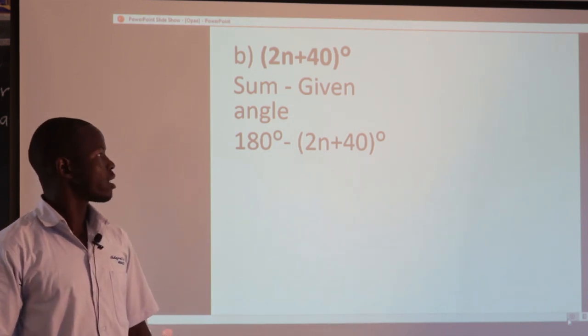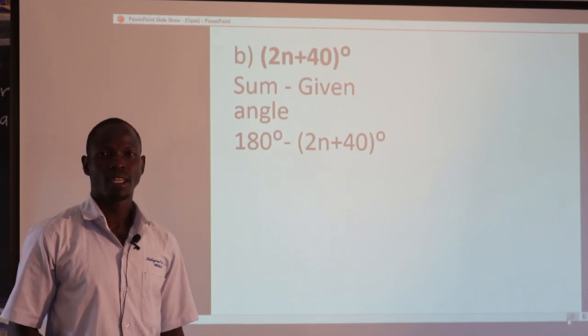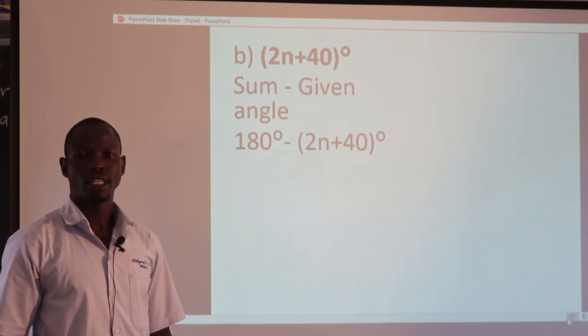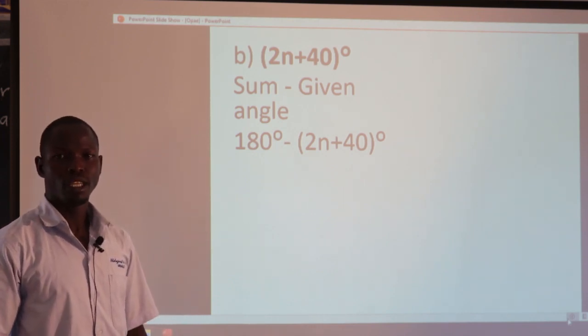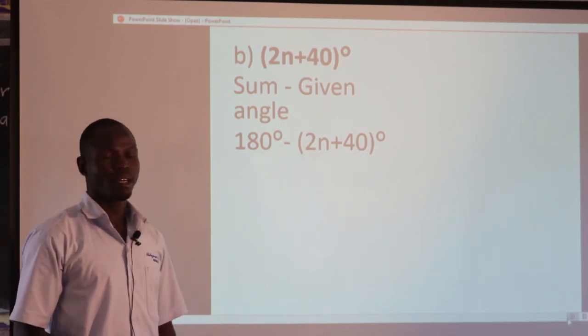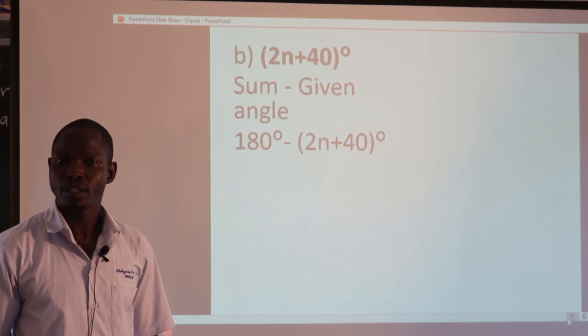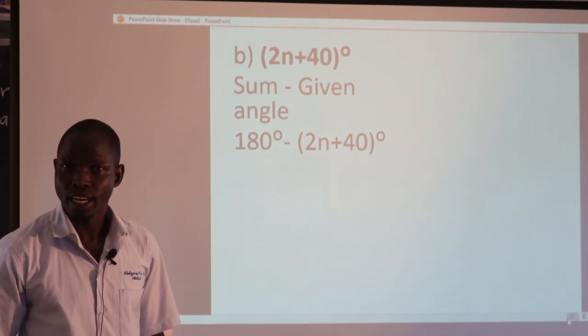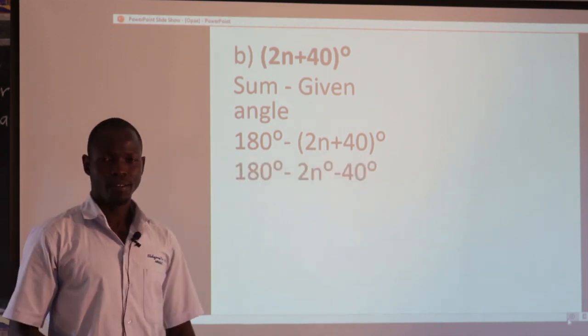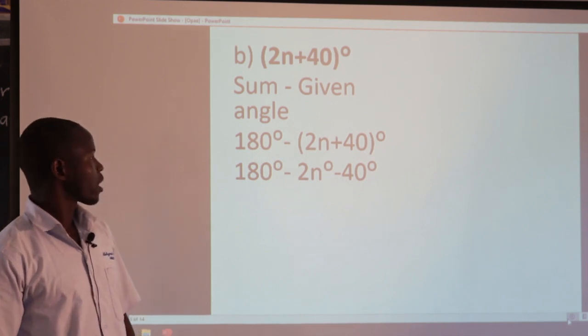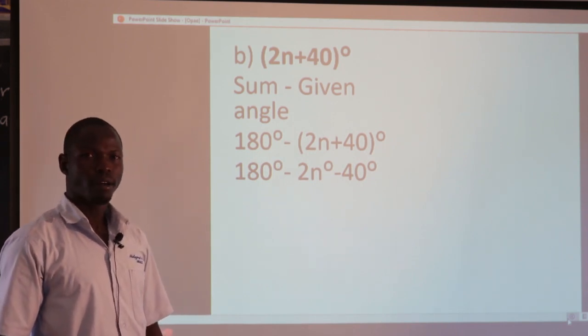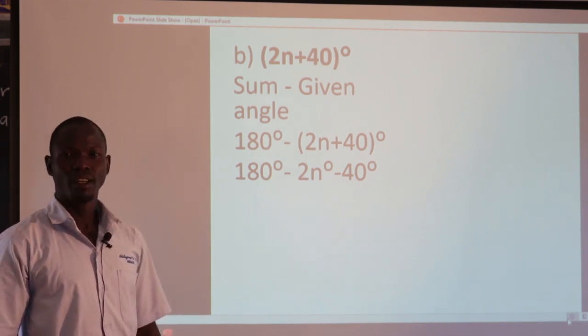Also, 40 degrees inside there has a positive. That positive and this negative outside the bracket, we shall also multiply. A negative times a positive must give us what? A negative. Good. So that's why this step will say 180 degrees minus 2n degrees.